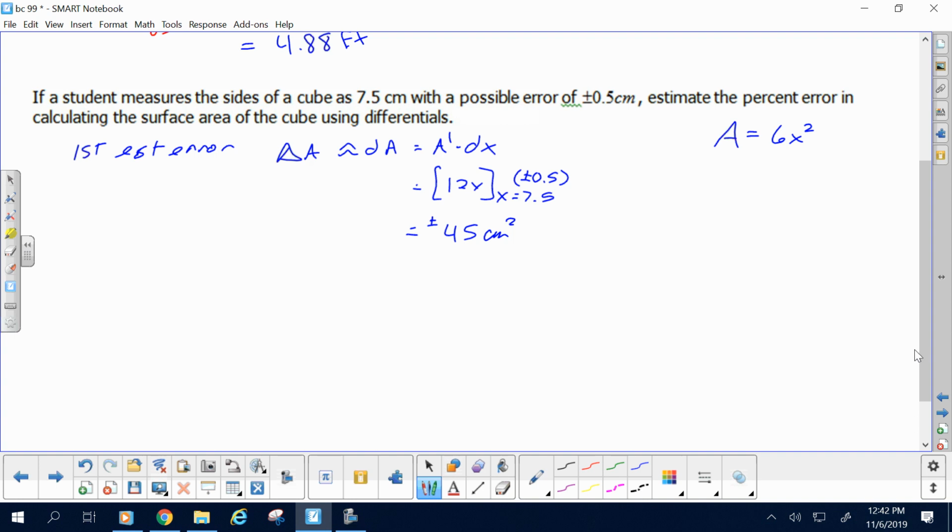Did you get an approximate area change or error of 45 square centimeters? Obviously not done, you still have more to do. Oh, wait, no. 6 times 7.5 is 45, so 1 over 7.5.